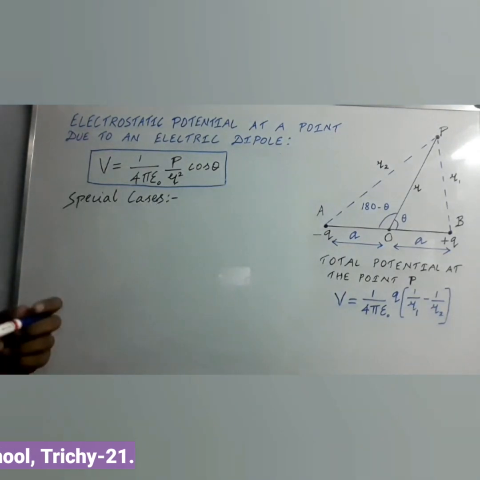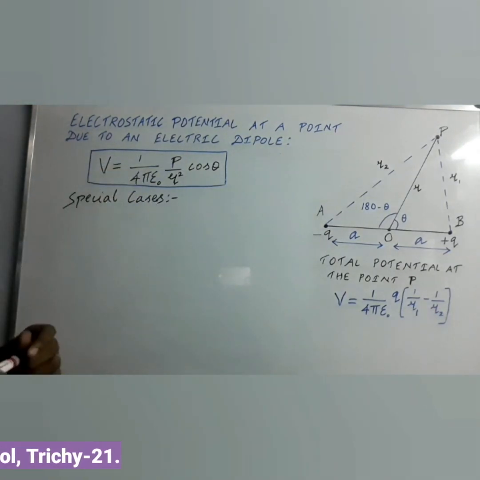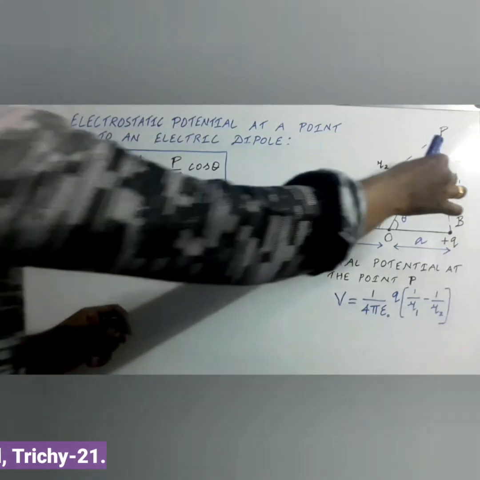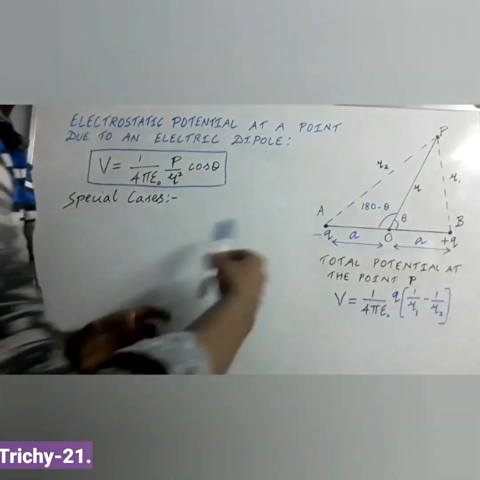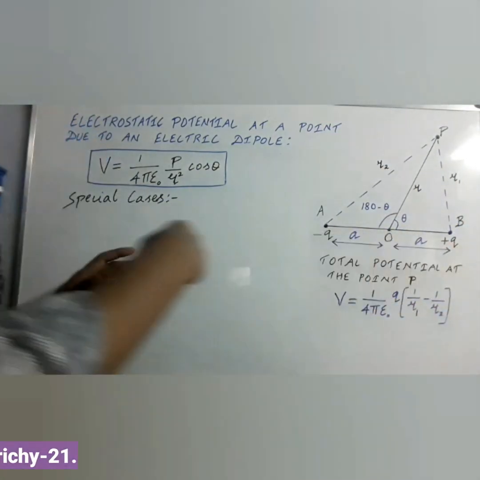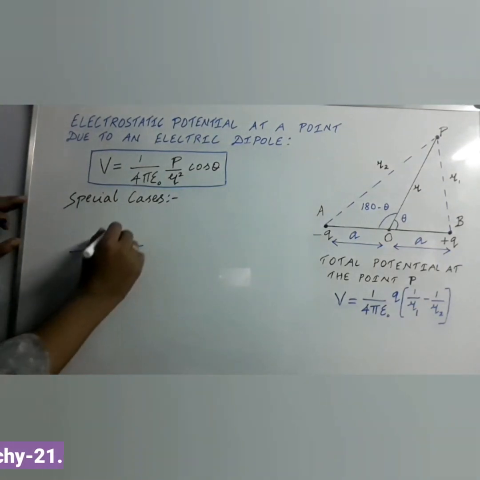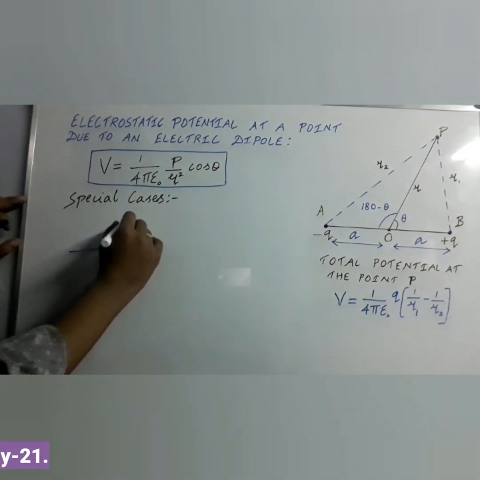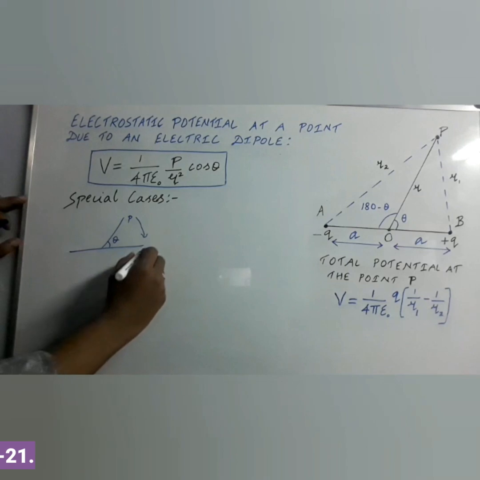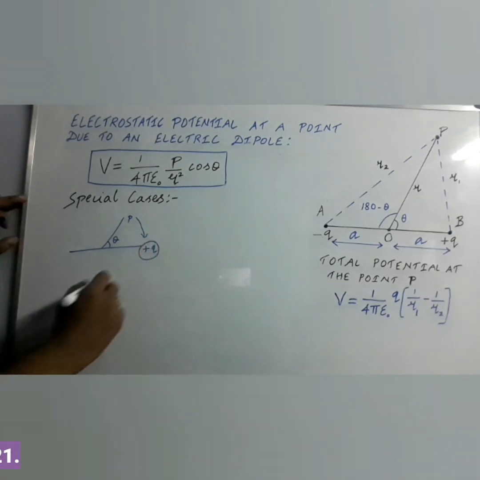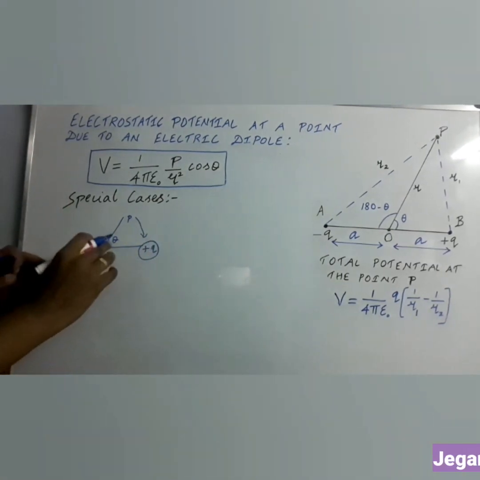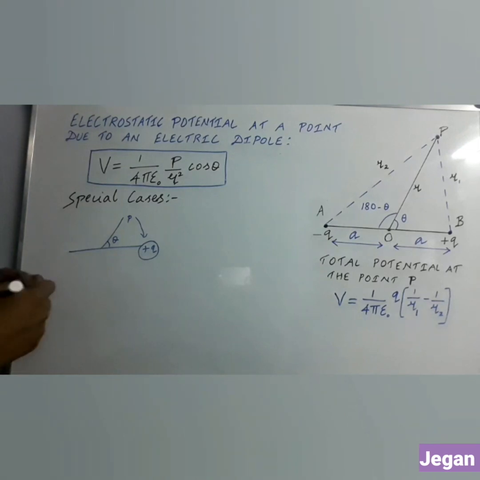Now we are going to discuss the special cases in this expression. Suppose the point P lies on the dipole axis on the side of the positive charge. Now the arrangement is like that only, point P is here. What will be the angle? The angle will be equal to 0.